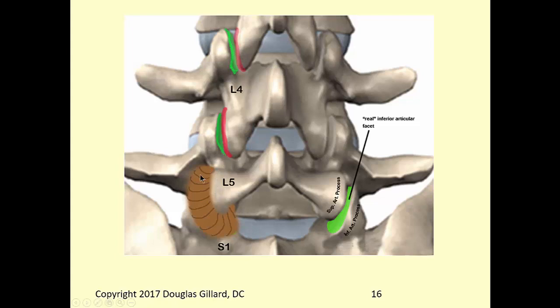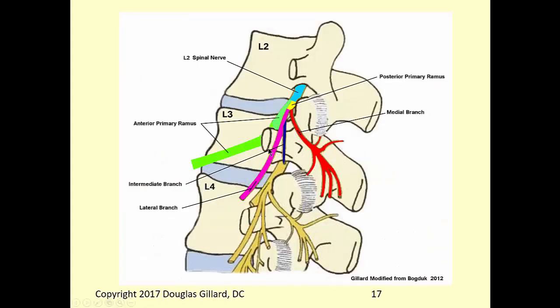And in reality, it has a capsule around it filled with synovial fluid, innervated by the who, not the band, the who. Who innervates that? Medial branch, the posterior ramus, right? Better look at that. You better know this cold.